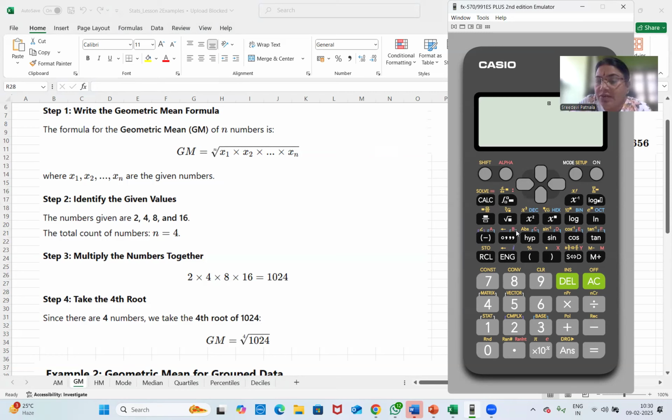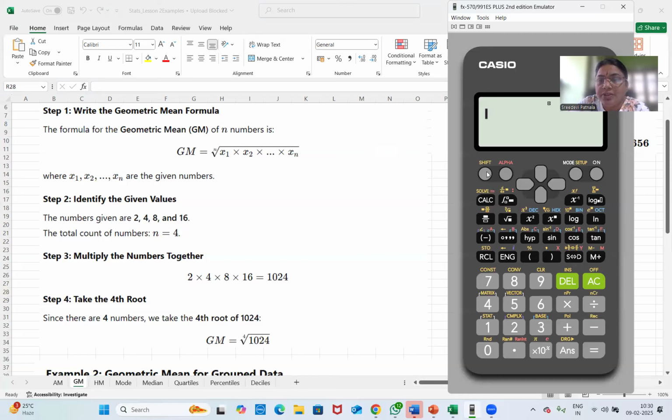Wherever alpha is there in red color, that particular value comes. If you use yellow, that formula will work. Here you have modes, then the blue color and normal values, all those mode setups, which I'll explain a bit later. For now, we have the fourth root of 1024.